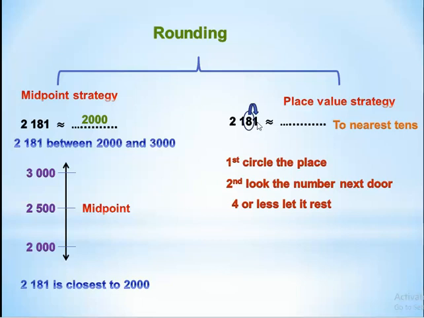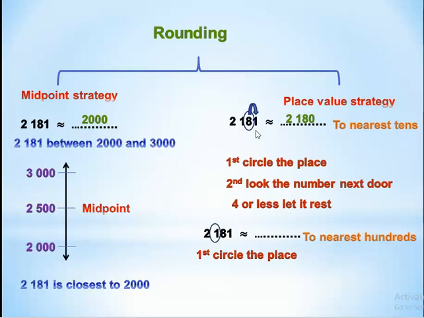If the number is 4 or less, or from 1 to 4, we will keep 8 as it is. So the answer is 218, and replace the next door with zeros. So it will be 2180.